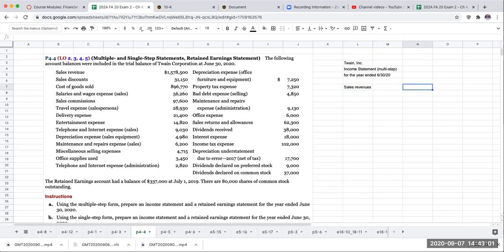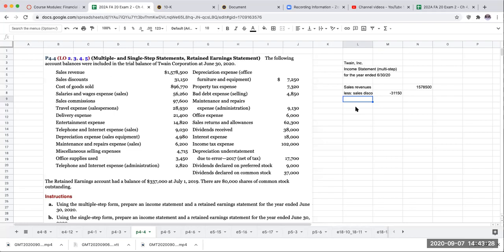My sales revenues were $1,578,500 less sales discounts, $31,150. What I'm really looking for is I'm trying to get to net sales. What is net sales? If this is something that you haven't seen in a while, it's covered in inventory.